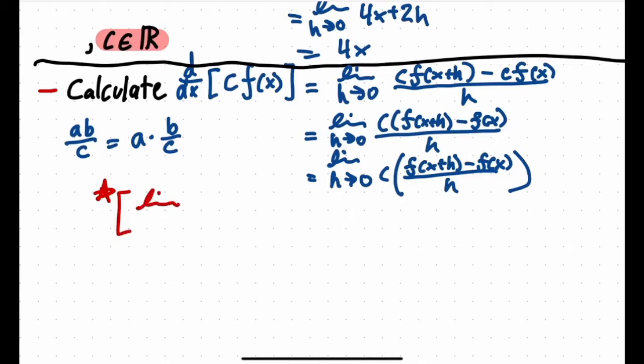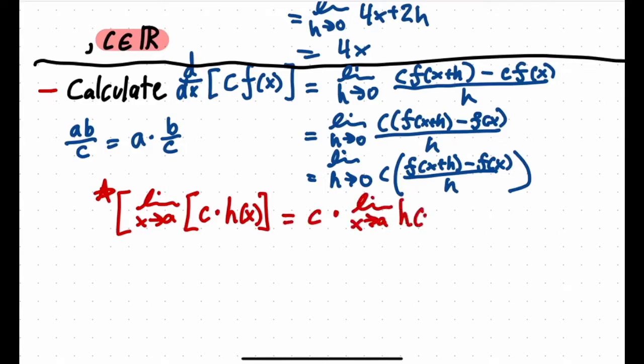The limit as x approaches a, or as anything approaches anything, of c times a function, a something, so in this case let's call it h of x, is the same as saying c times that limit as x approaches a of h of x, where c belongs to the set of real numbers, or c is just a number.